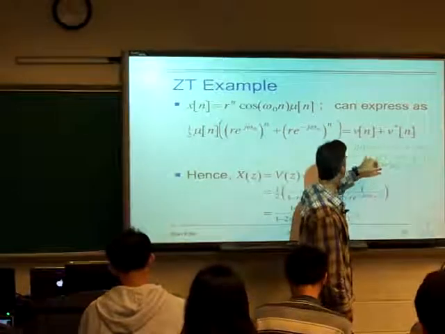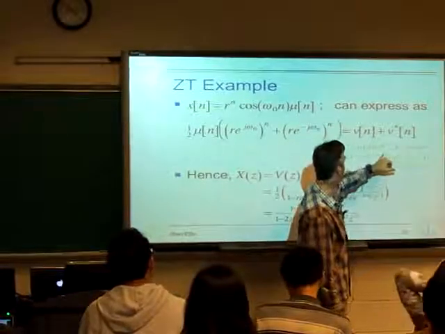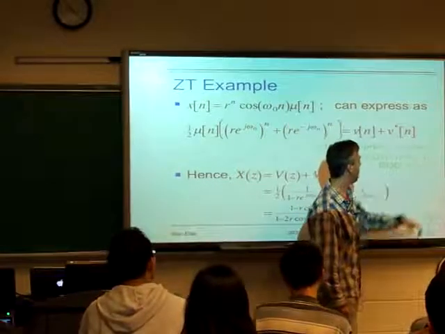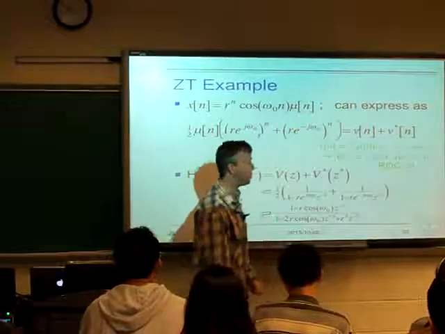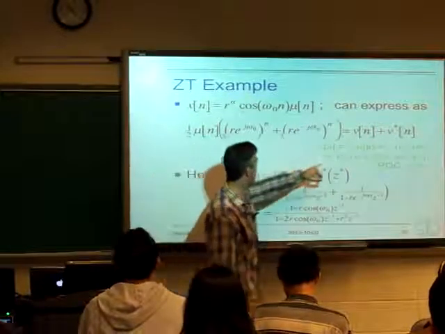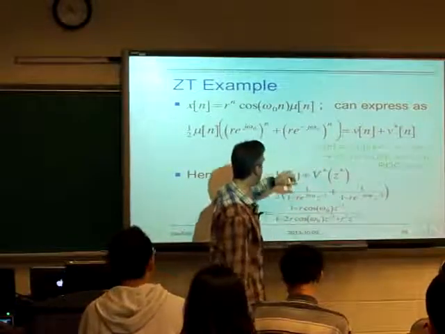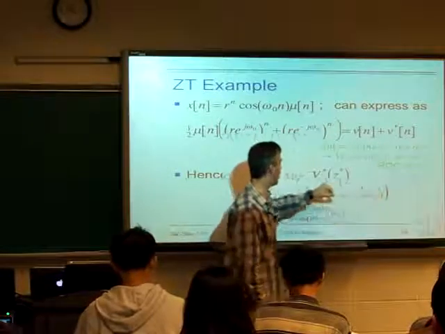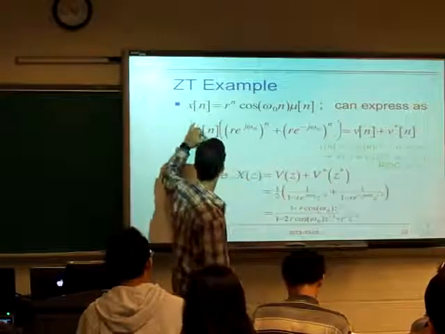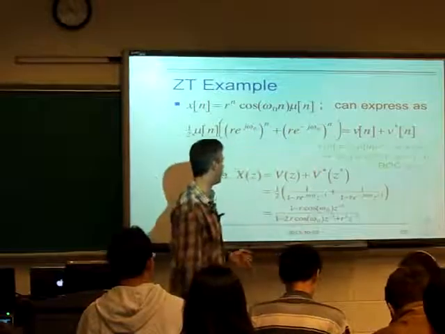So we have the z-transform, that's the half out here. The v of z is a half of 1 over 1 minus r e to the j omega 0 z to the minus 1, with region of convergence magnitude of z greater than r. Right. So now if that's v of z, and because the z-transform is linear, and the z-transform of the conjugate of something is the conjugate of v of z conjugate, we can just write x of z as v of z plus v conjugate of z conjugate.